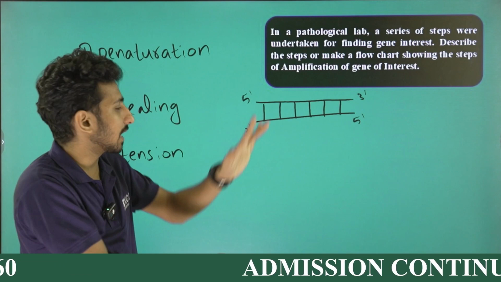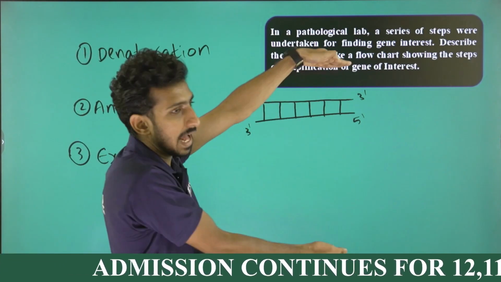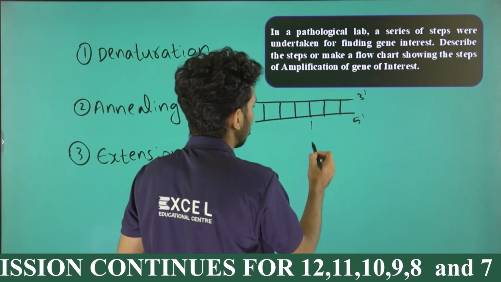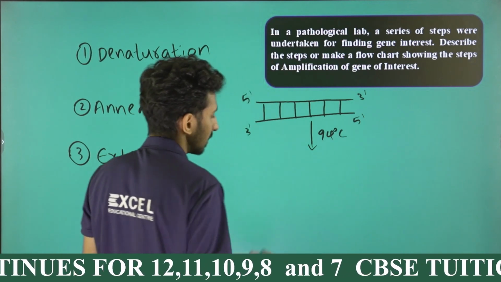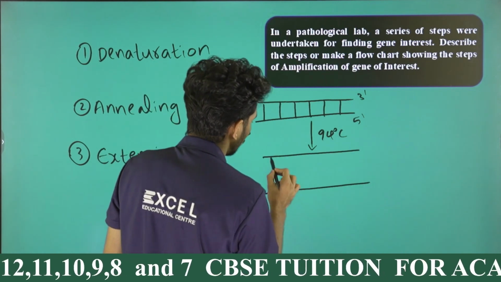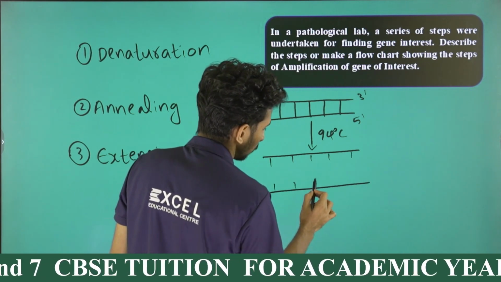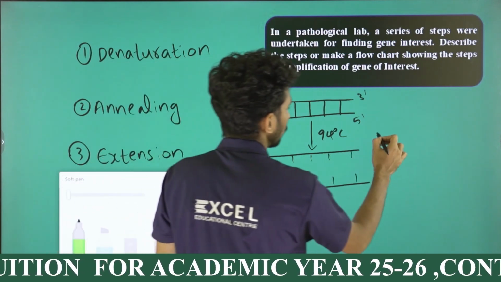That process is called denaturation. Denaturation is the separation of 2 strands by giving heat. If you give high temperature like almost 94 degrees Celsius, the 2 strands will be separated. That step is called denaturation.